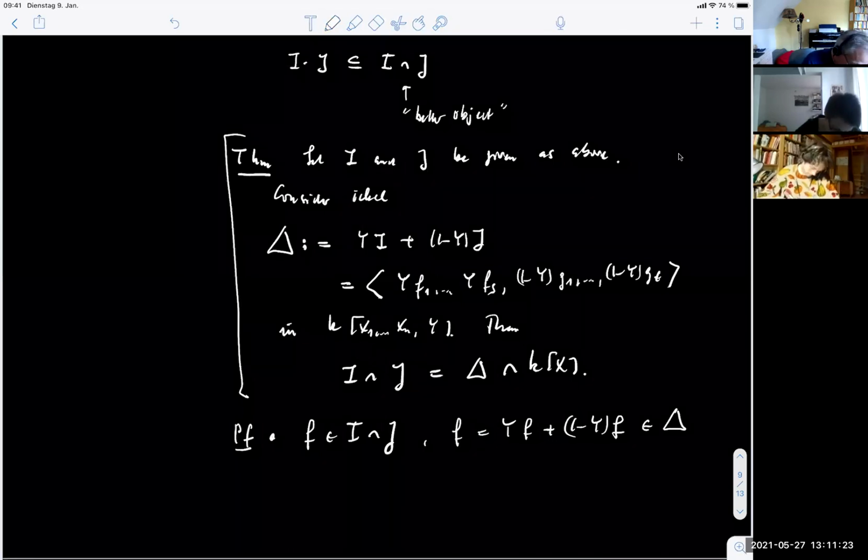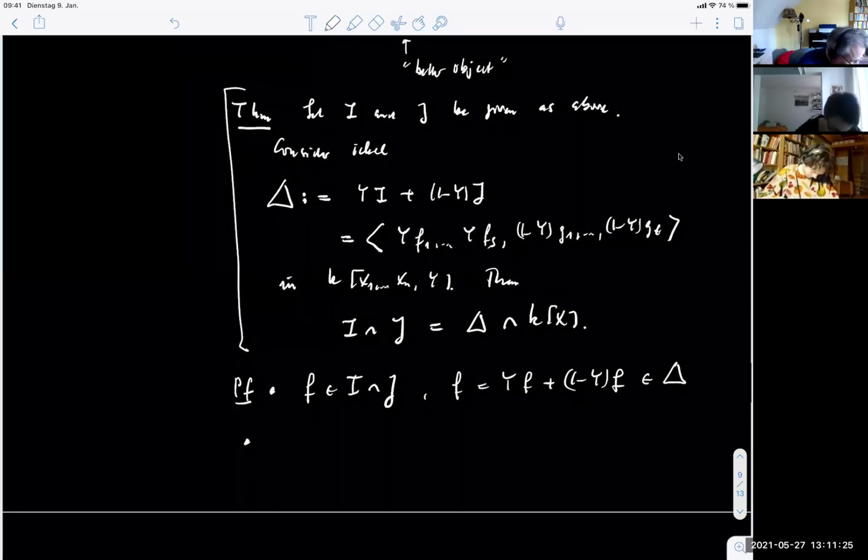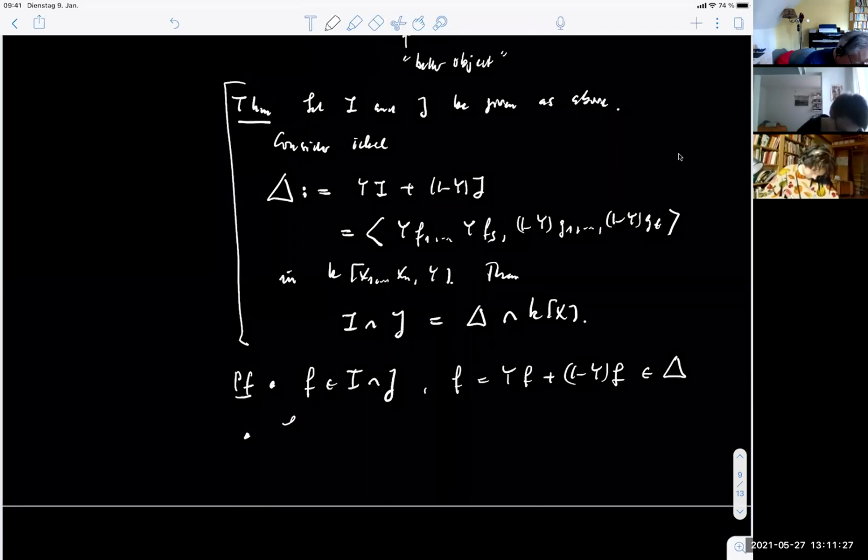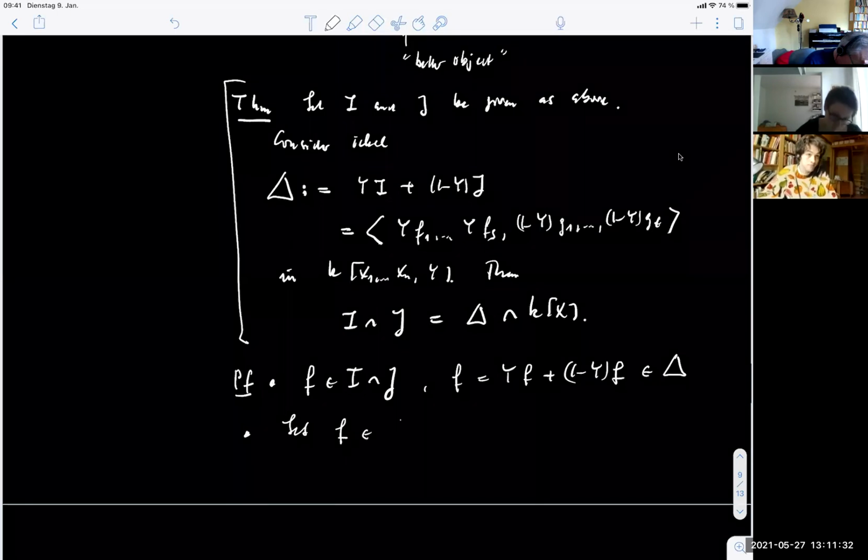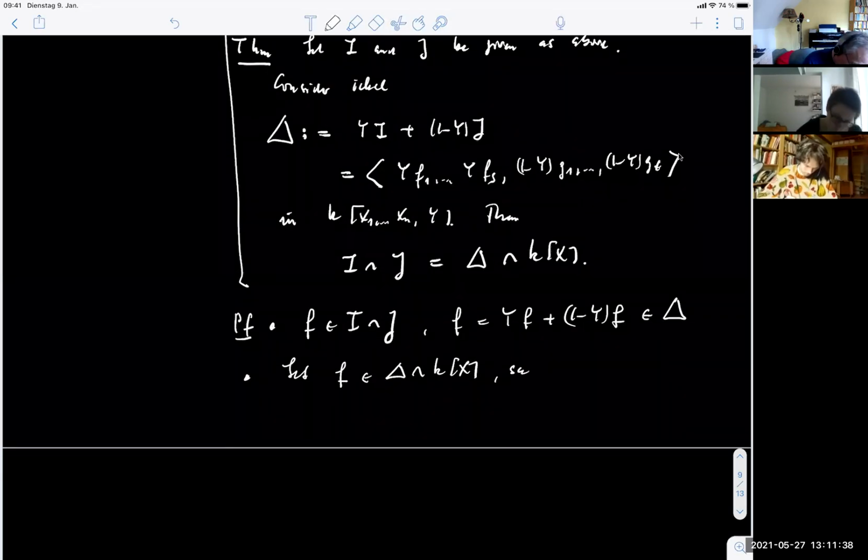And the other direction. Now let's assume I have an f on the right-hand side. It's in delta intersected with K[x]. Because it's in delta, I can write it as a linear combination of the generators.